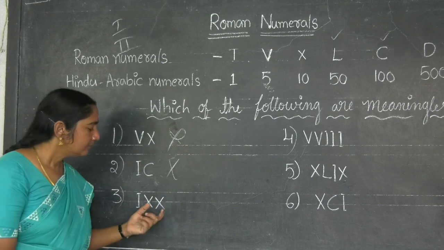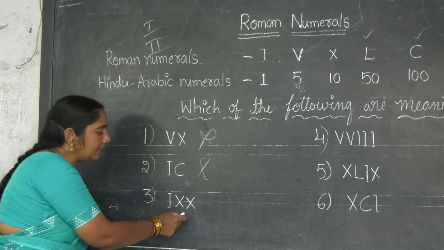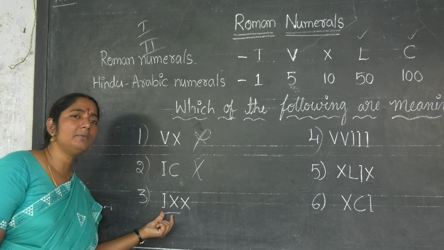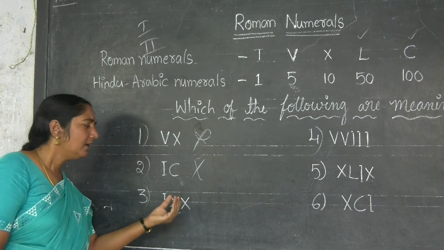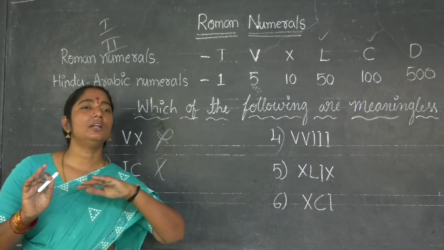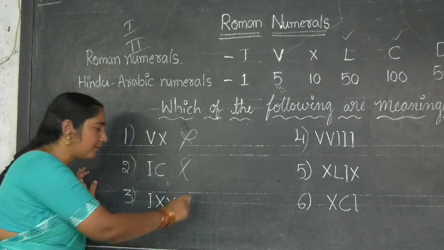Next, in this particular case, 10 and this is 9. Always a smaller number should not be towards the left. Always the numbers should go in descending order, but not in ascending order. First number is 9, next number is 10, which is not possible.